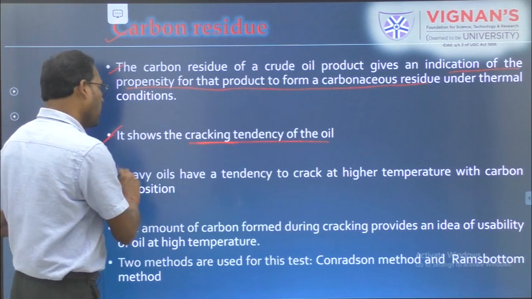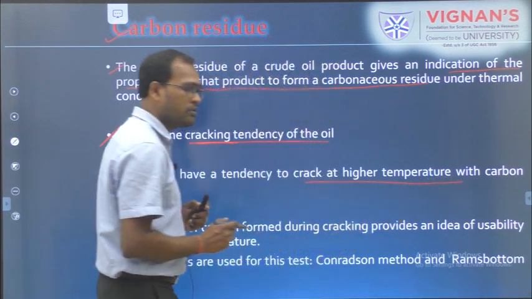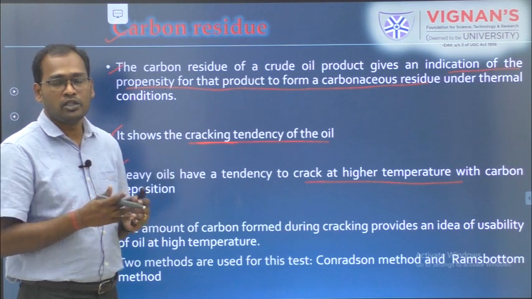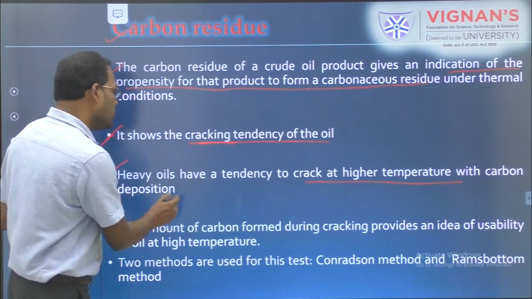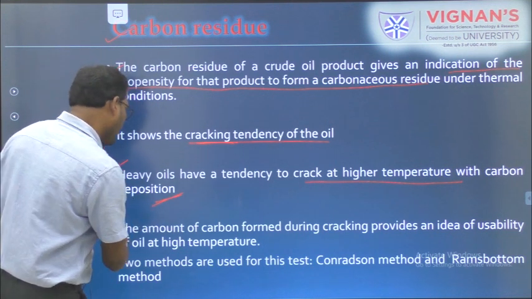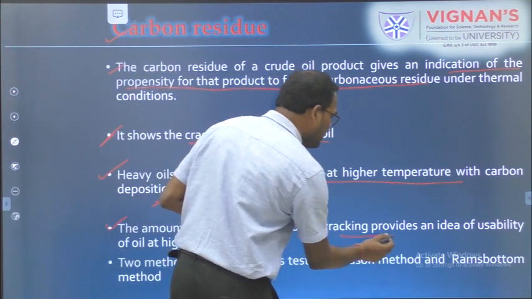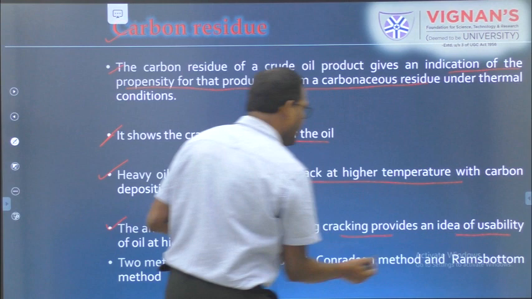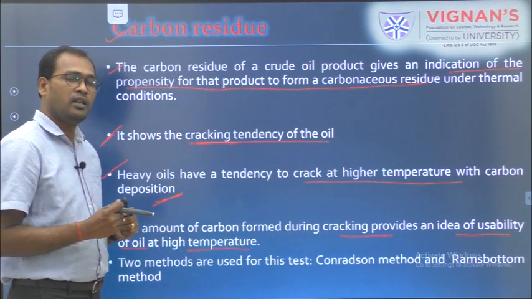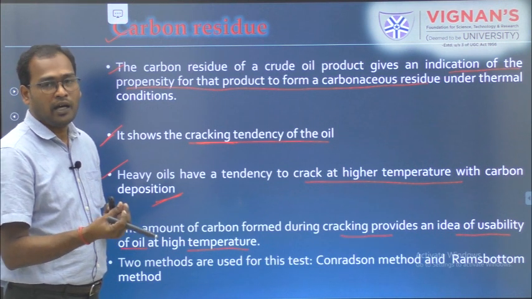Heavy oils have a tendency to crack only at higher temperatures, so they need very high temperatures to break and lead to very little carbon deposition. The amount of carbon formed during cracking provides an idea of the usability of oil at high temperatures.